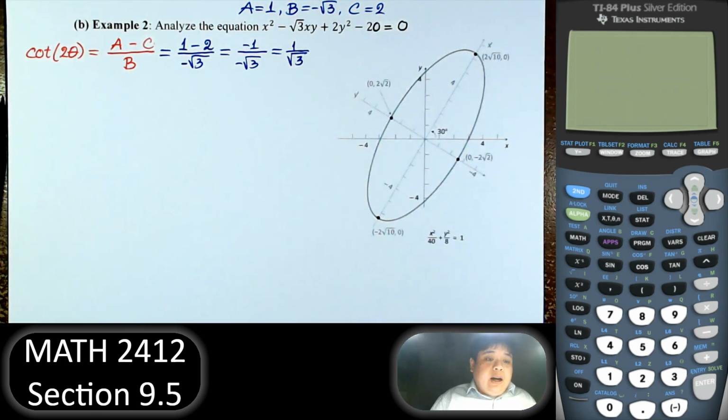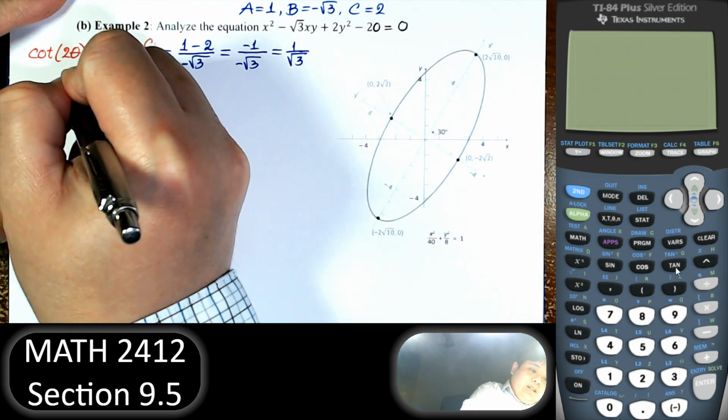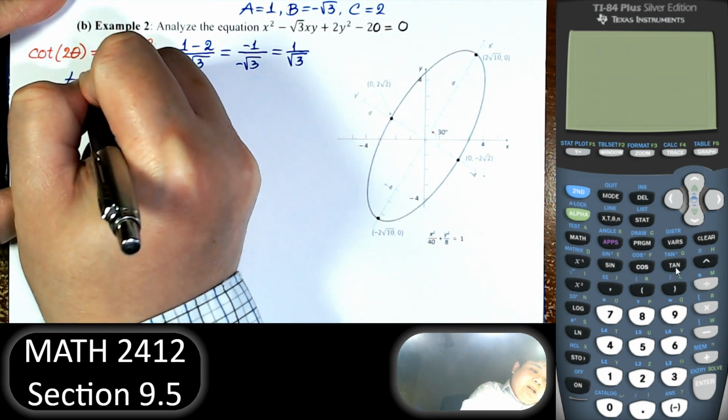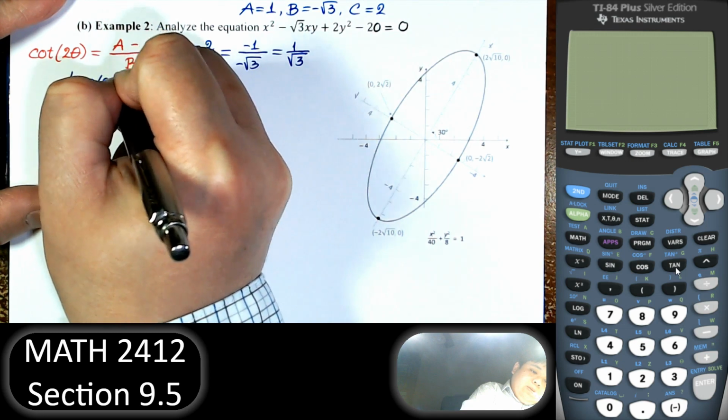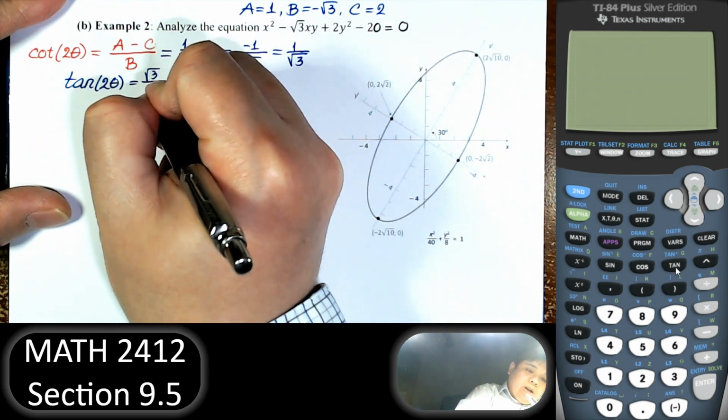That is cotangent. Well, the calculator doesn't have cotangent, so we're going to use tangent instead. So cotangent of 2 theta turns into tangent of 2 theta. All we need to do is just flip the fraction, square root of 3 over 1.